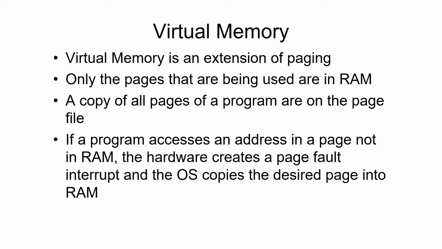Virtual memory is an extension of paging where not every page is in RAM. Only the pages the program needs at the time are kept in RAM, and the other pages are stored on disk. When the program goes to access a page, it checks the residency bit on the page table. If the residency bit is set, then the page that you want is in memory, and it creates the physical address as indicated earlier.